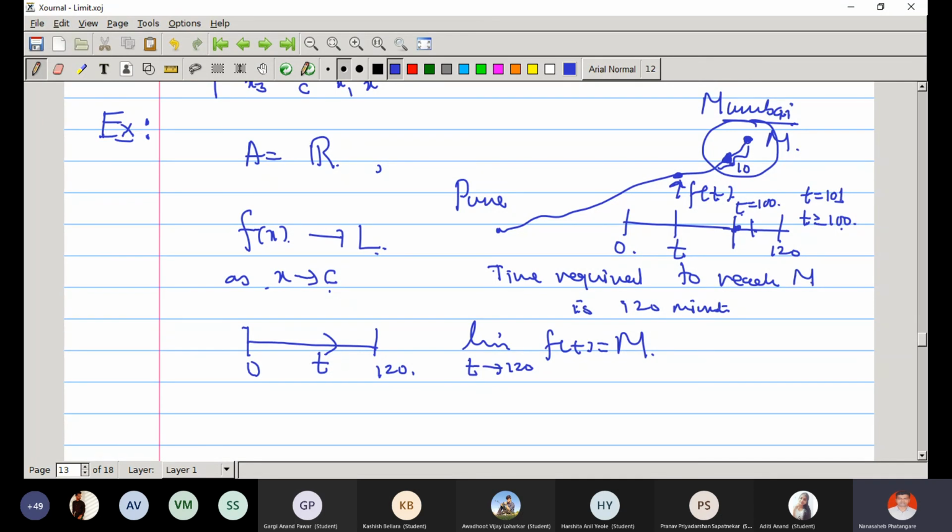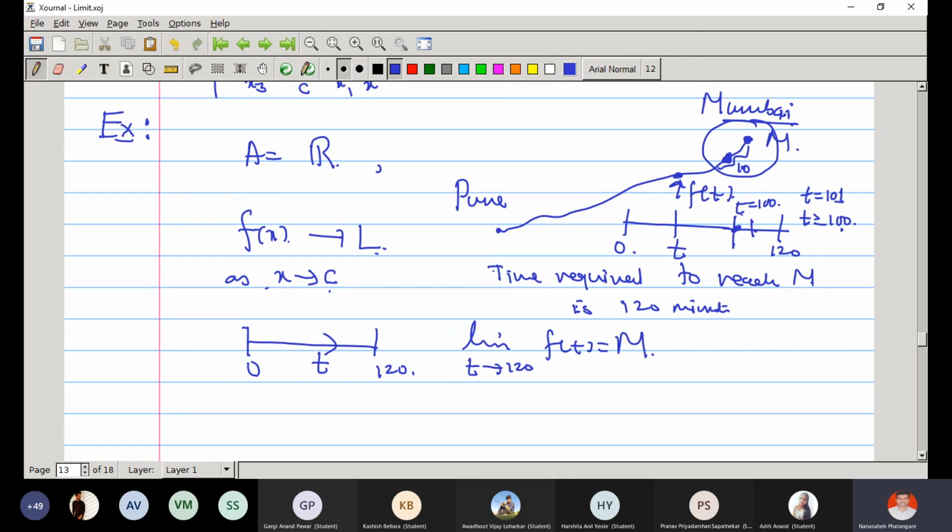Does it mean that you are reaching towards Mumbai? It doesn't mean that you are going towards Mumbai, because you have stopped at some point, and you are not moving forward. How will you reach Mumbai?